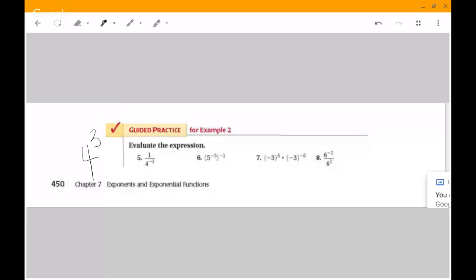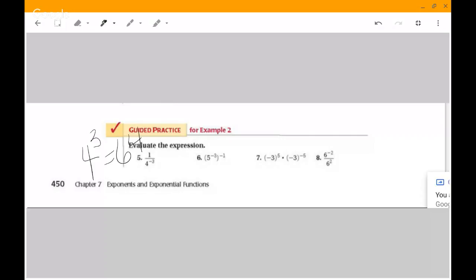So 4 times 4 is 16 times 4 is 64. So your final answer is 64. So 1 over 4 raised to the negative 3rd power is 64. Does that make sense to you guys? Is everybody okay on that?